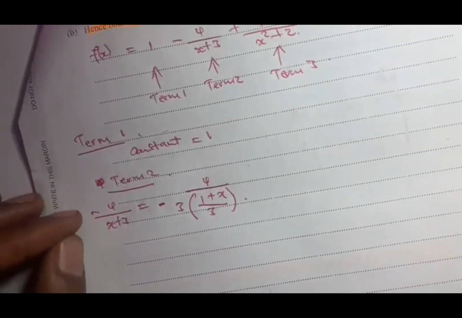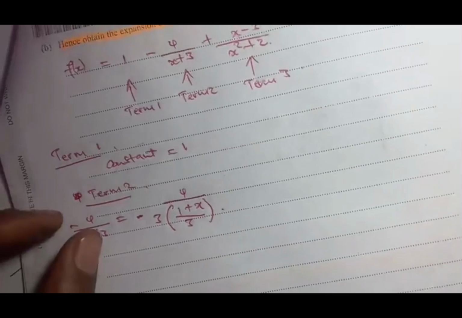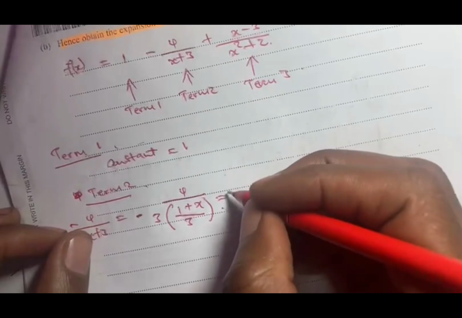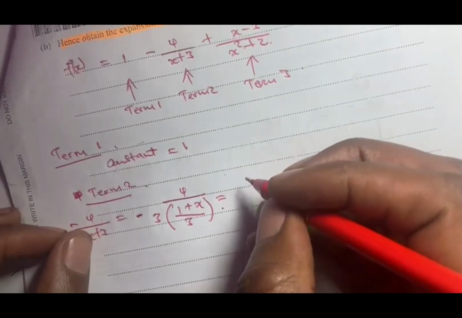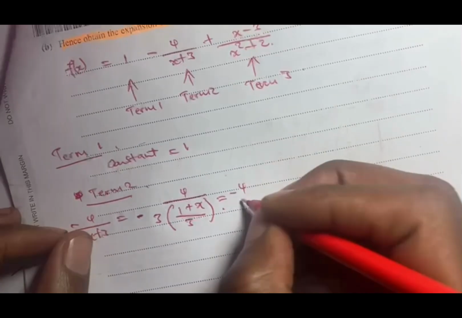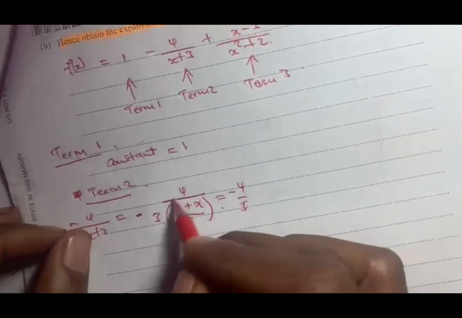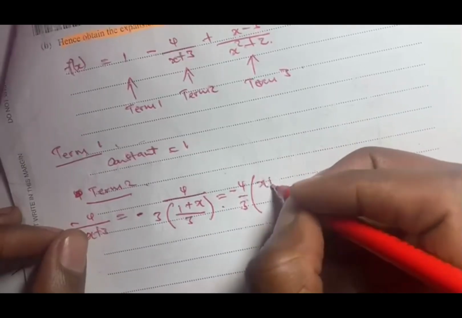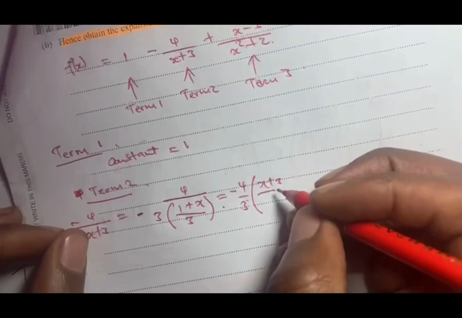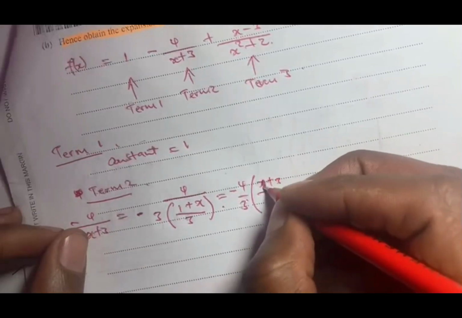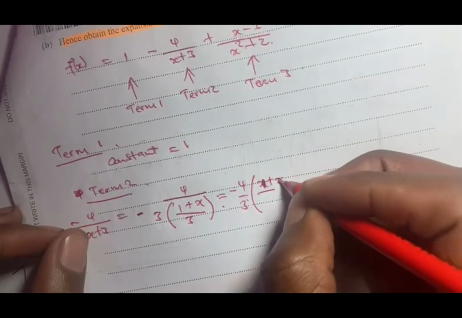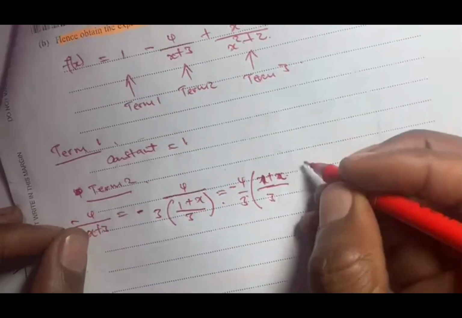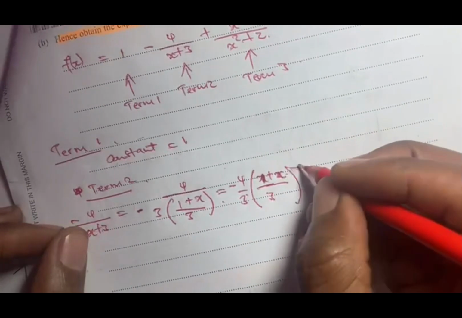This becomes equivalent to minus 4 over 3, times 1 plus x over 3 to the power of negative 1.